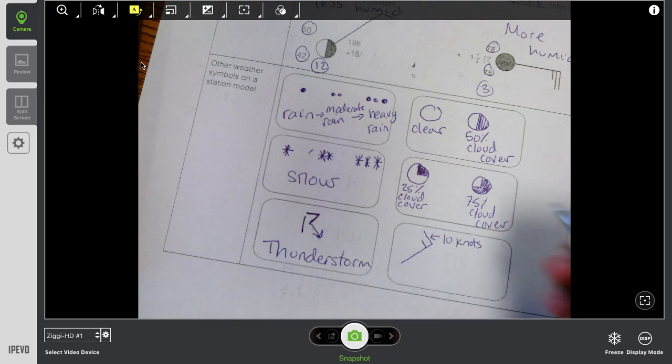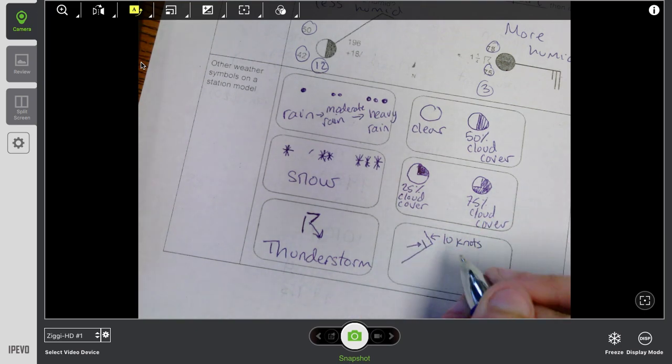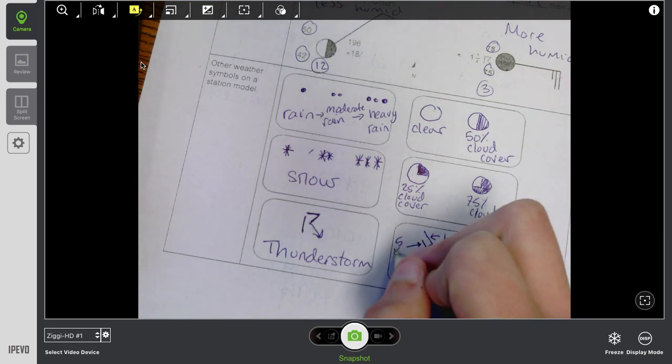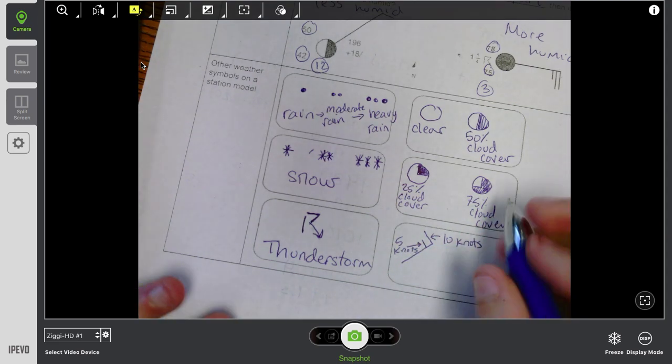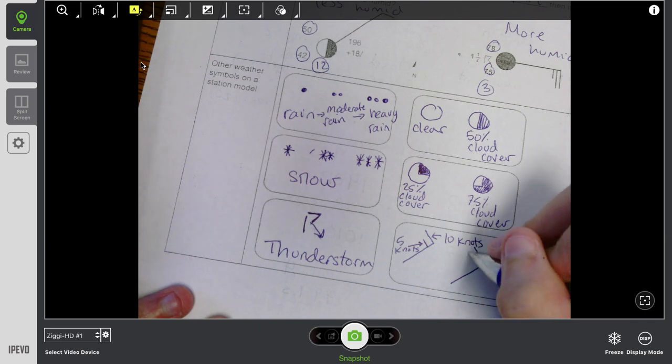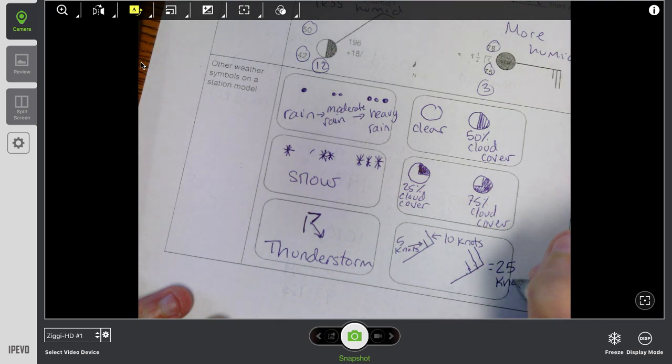If you see one that is like a little half version of that, well, what is half of 10? It's 5 knots. And you just add them up until you get whatever your wind speed is. So for example, this would be equal to 10 plus 10 plus 5, which is 25 knots.